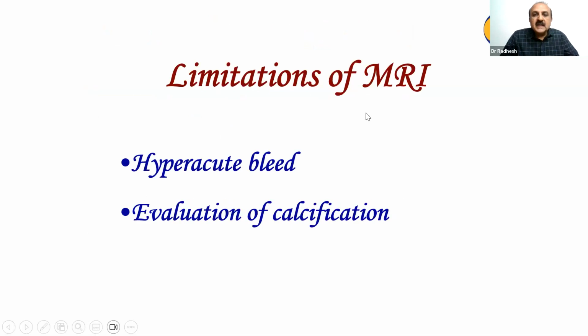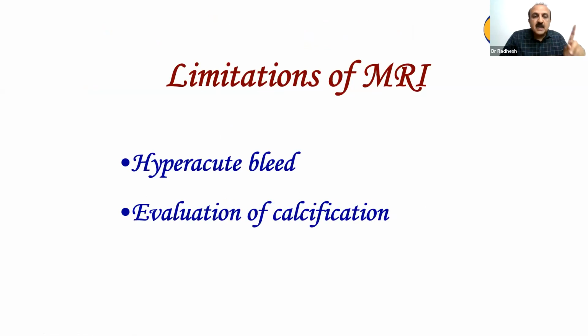Now you should know what are the limitations of MR. Now there is a patient with trauma. I'll give you an example. There is a blunt abdominal trauma. The patient is bleeding. He is in shock. Now you want to do an MR. Please don't get an MR done. It's a waste of time for two reasons. One, you cannot pick up the hyperacute blood. Suppose this patient has a hemoperitoneum, you will be missing out on hemoperitoneum because MR cannot pick up hyperacute bleed.